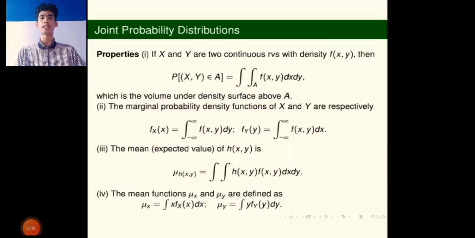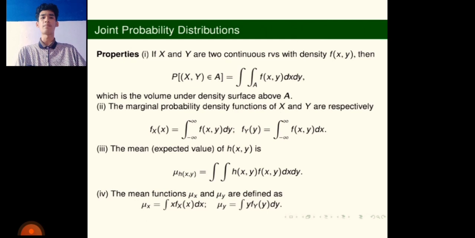So the properties: if x and y are two continuous random variables with density f of x and y, then the probability of x and y in A equals the integral over A of f of x and y dx dy, which is the volume under the density surface above A. The marginal probability density functions of x and y are respectively f_X of x equals the integral of f of x and y dy with upper bound infinity and lower bound negative infinity.